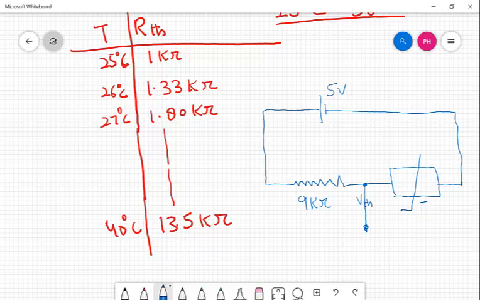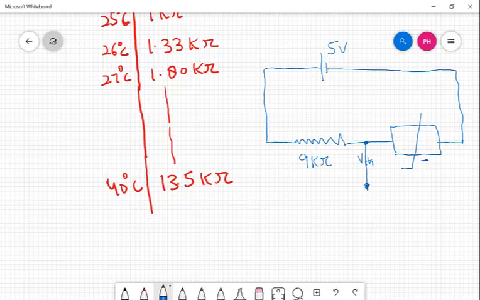So what will be the VTH at 25 degrees Celsius?